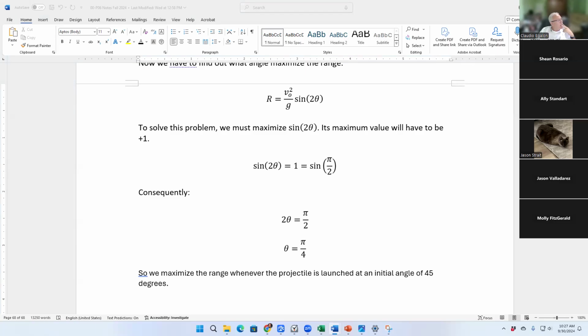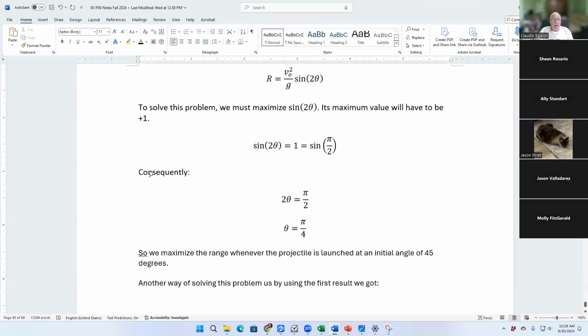Another way of solving this problem is by using the first result we got.